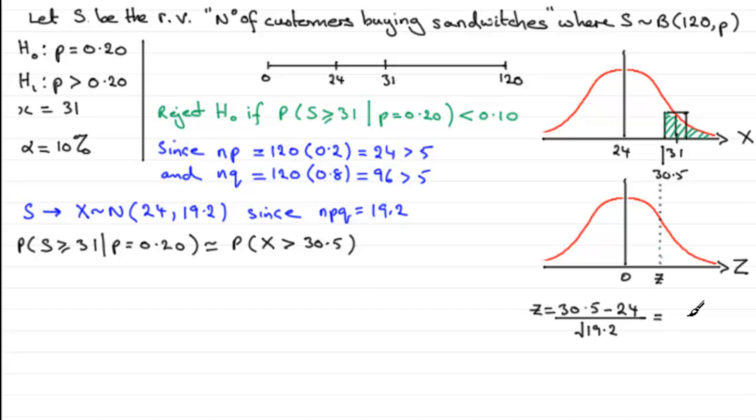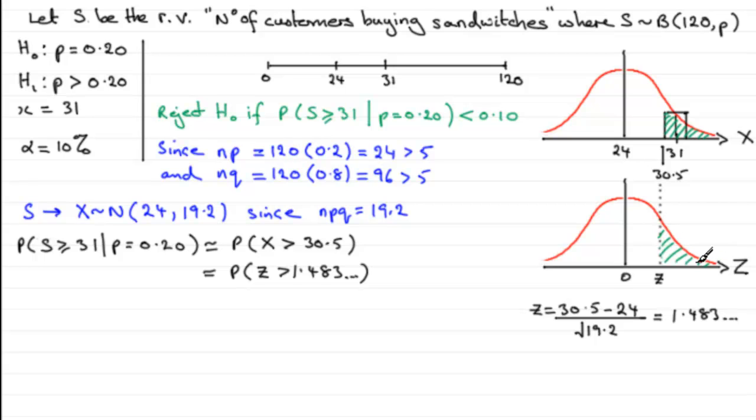Now if you work that out, you'll find you get 1.483 and so on. So working out the probability that X is greater than 30.5 is basically the same as working out the probability that Z is greater than 1.483 and so on. In other words, this area here.